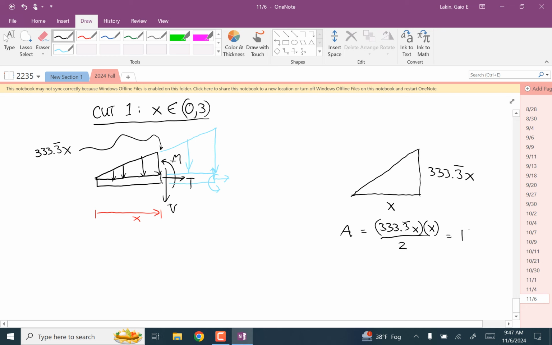So that is 166.6 repeating X squared. And the centroid is, if this whole base is X, then this is 2X over 3. That's just from the centroid formula for a right triangle.